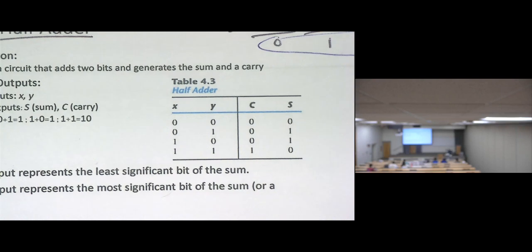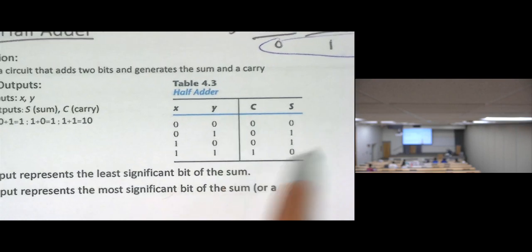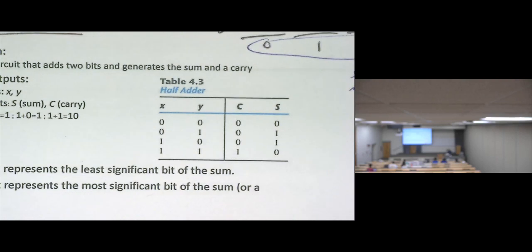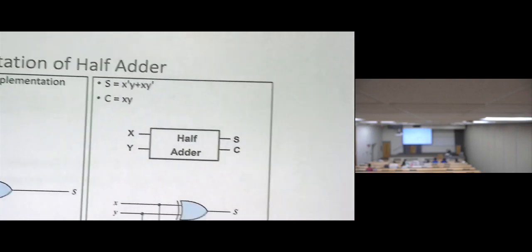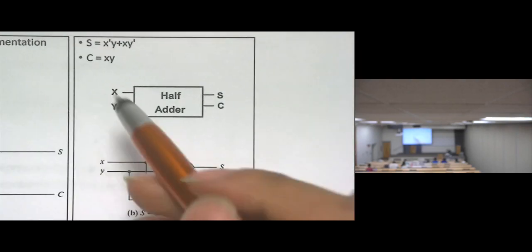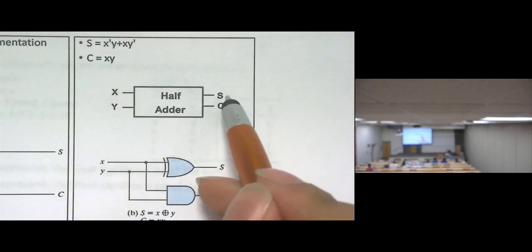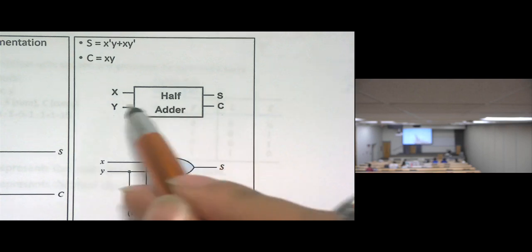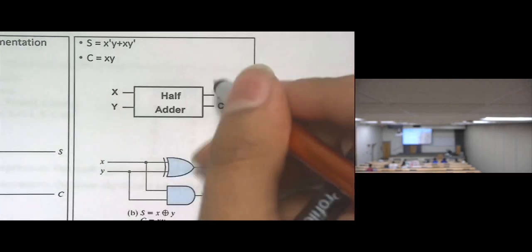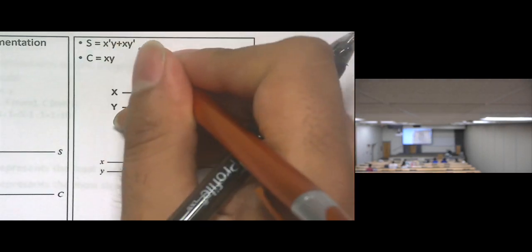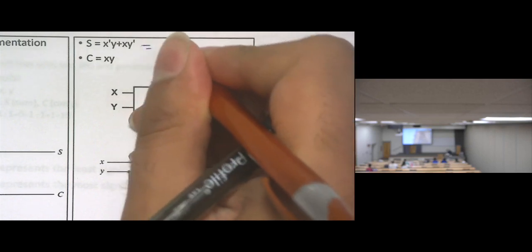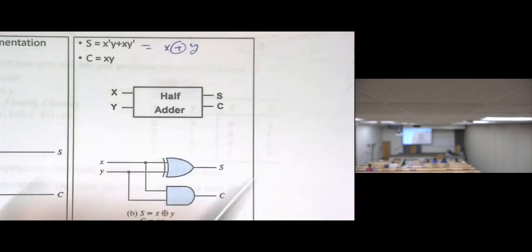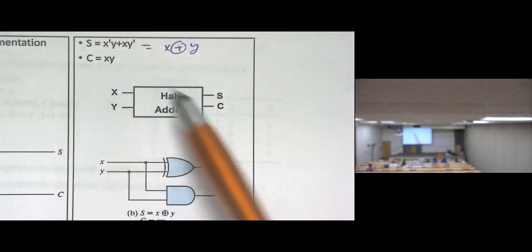How can we implement this in real life? We can make Karnaugh maps for C and for S. But we realize this is the half adder, with inputs x and y and outputs S and C. S will be x prime y plus x y prime, or we can say x exclusive OR with y, and C equals x y.